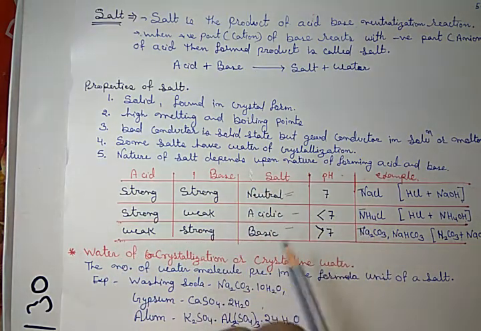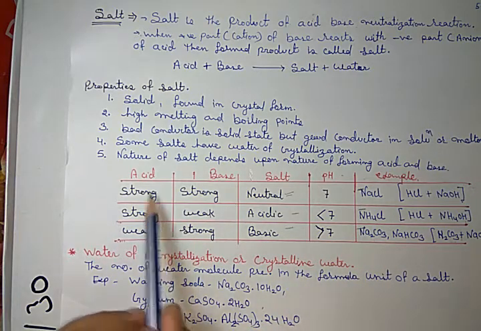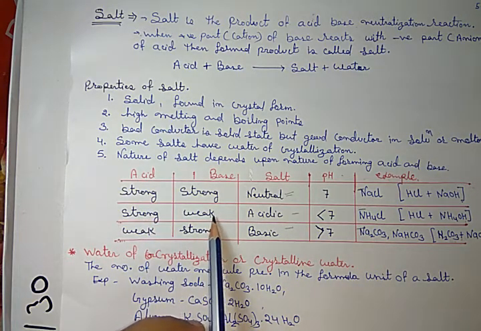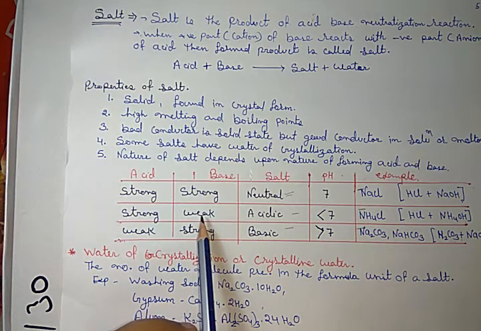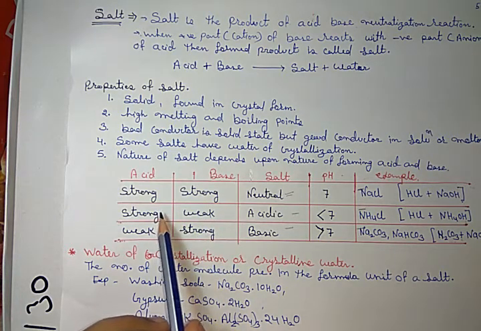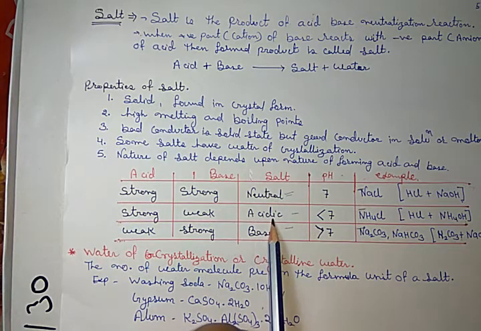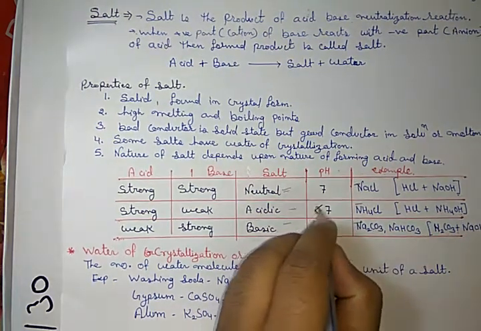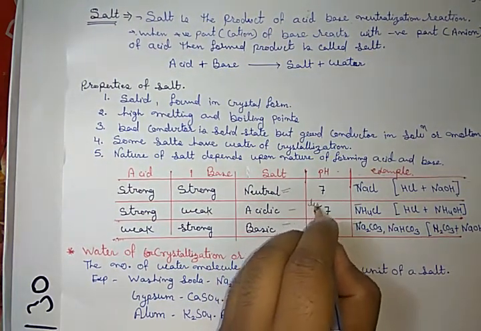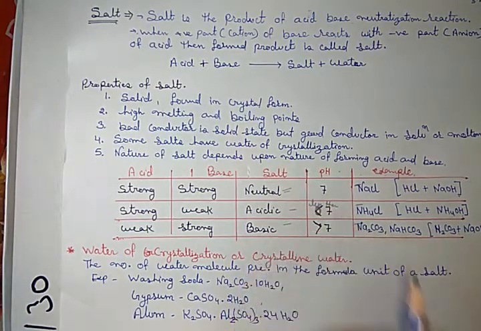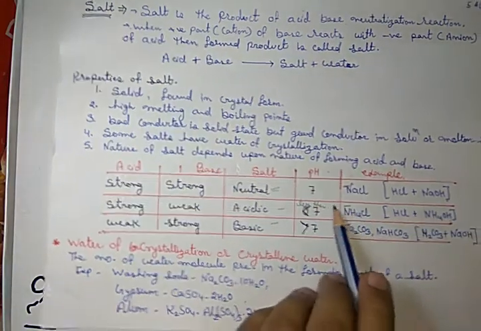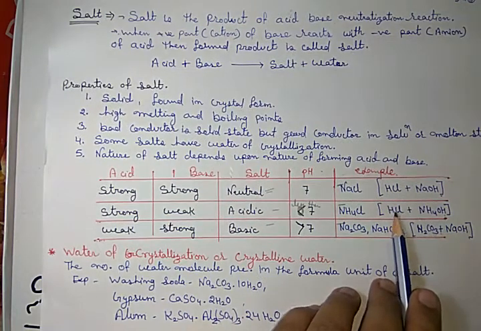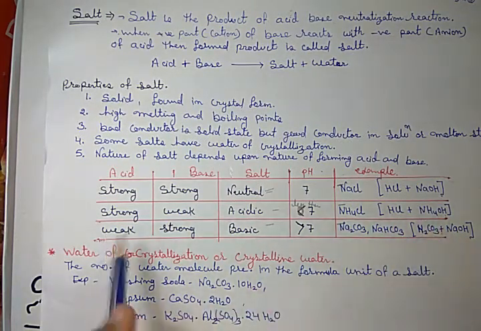So please understand it carefully. If the acid is strong and the base is weak, then the weak base does not completely neutralize the acid, so the salt remains acidic, and the pH of the salt will be less than 7. Example is NH4Cl, which is formed by HCl and NH4OH.